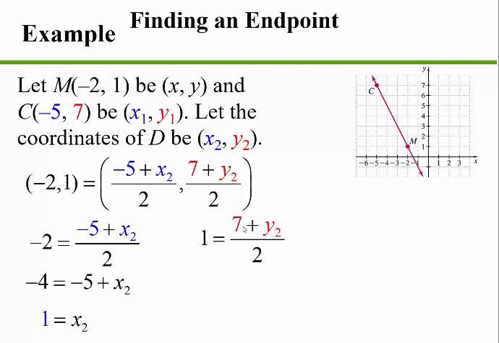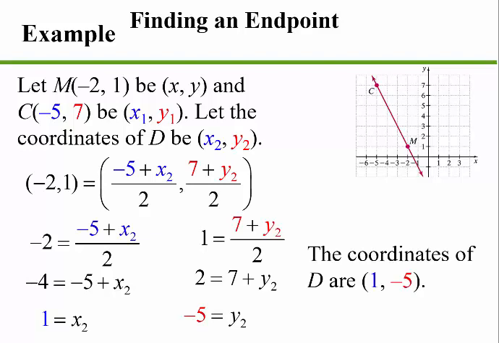So now 1 is equal to 7 plus y2 divided by 2. Again, cross multiply. So 2 is equal to 7 plus y2. Subtract 7 over, and you get negative 5. So what that tells me, the coordinates of the other endpoint D are 1 comma negative 5.